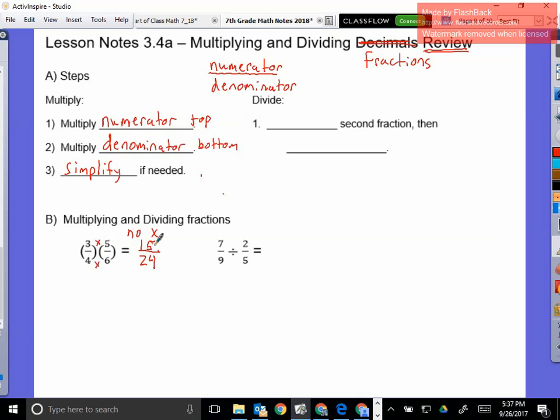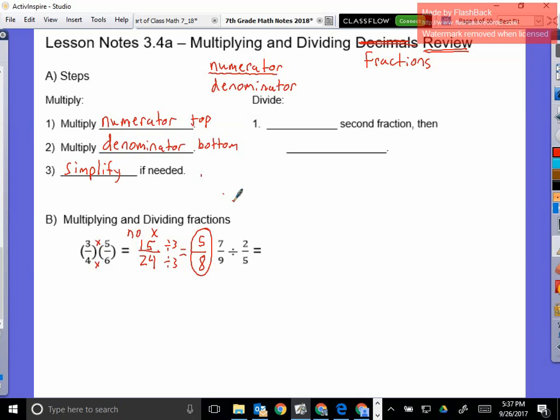Looking at these numbers, I know I can divide both of those by 3. My fraction is going to be 5 over 8, and that is my final answer. Again, this is just a quick review, guys, so if some of these steps don't make sense, you need to talk to me about it so I can give you some more help.